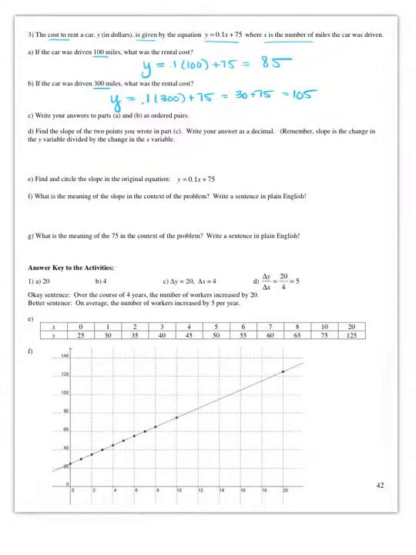Now we can write these 2 points that we found as ordered pairs. So x is 100 and y is 85. When x is 300, y is 105. We can find the slope because we have ordered pairs.